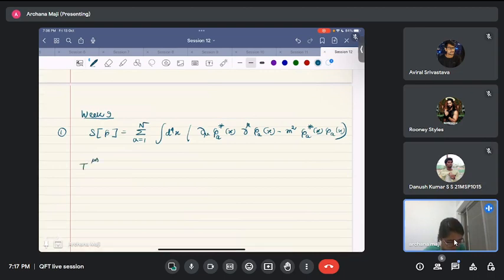So T mu nu will be summation over A. That's for phi, but in the complex scalar field we treat field phi and phi star to be independent. So we have another term coming from phi star.